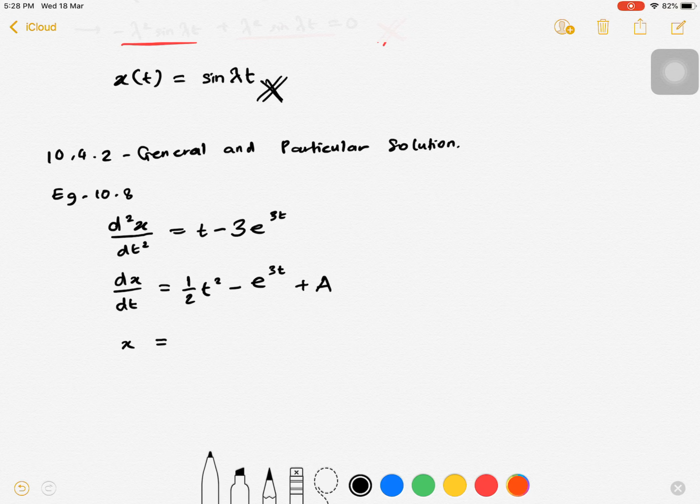And then we integrate twice. So we will have x of t equals 1/6 t to the power of 3 minus 1/3 e exponential 3t plus a t plus b. Okay, so this is the solution.